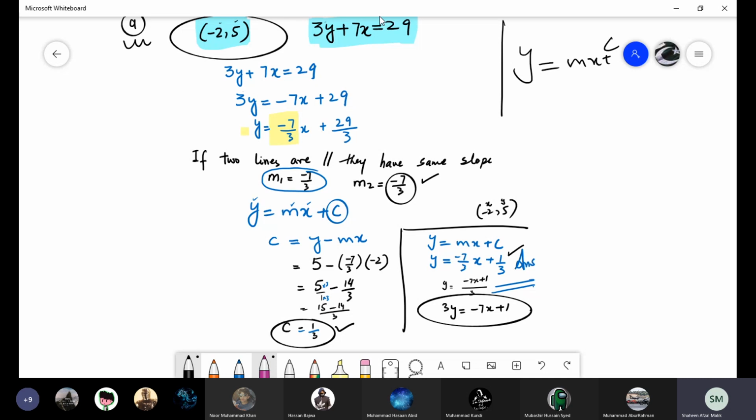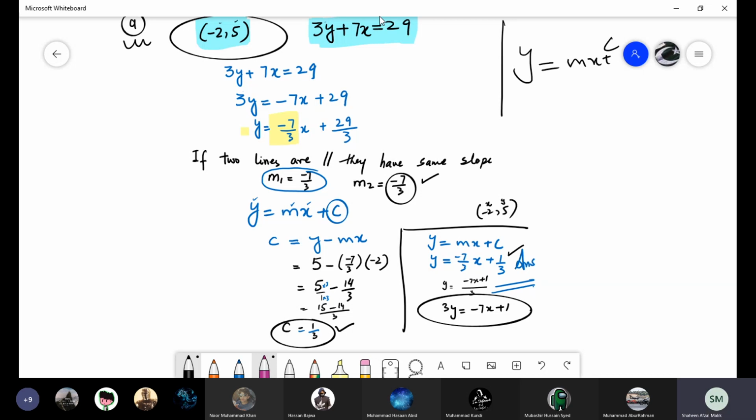We use the same formula, keep c on this side, take mx to the other side, substitute the values of x and y from the pair given in the question, and m is the slope you already found. Simplify and you get the value of c. When you have c and m, substitute in the final equation, and that will be your answer.